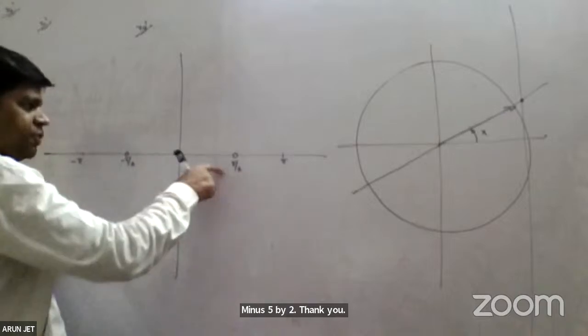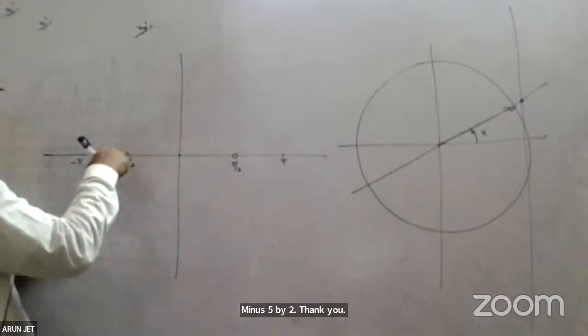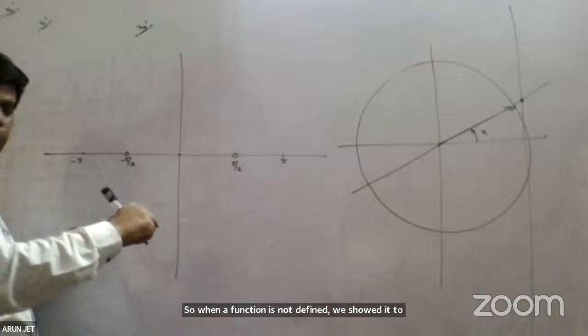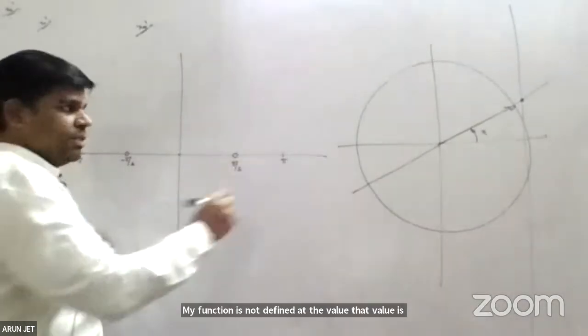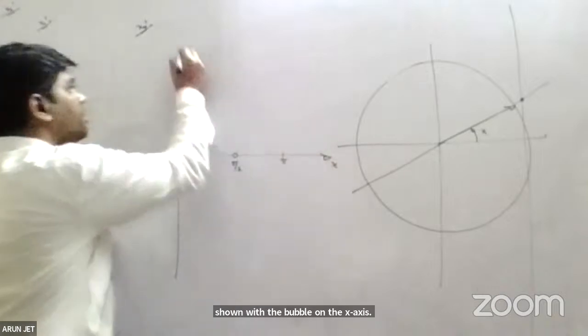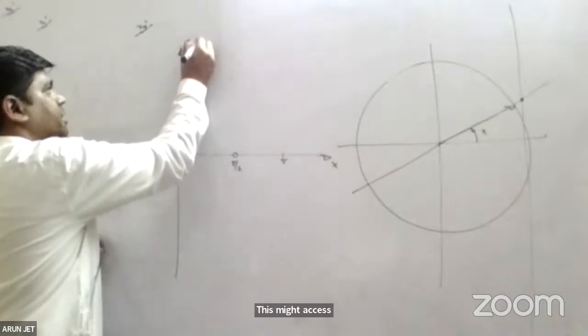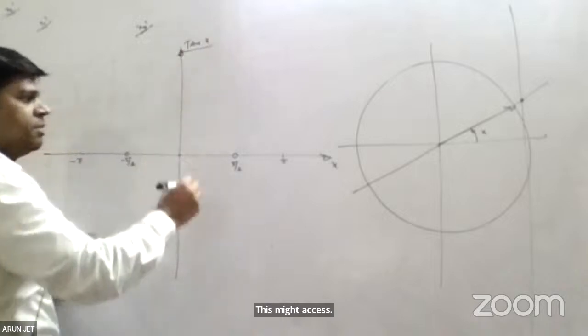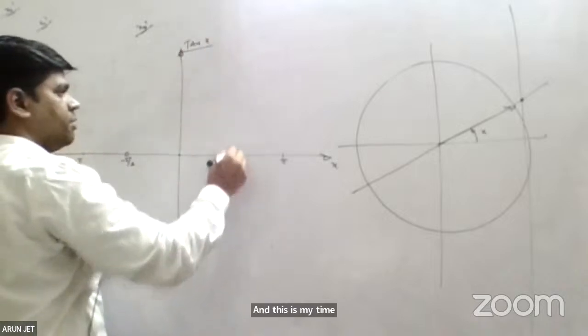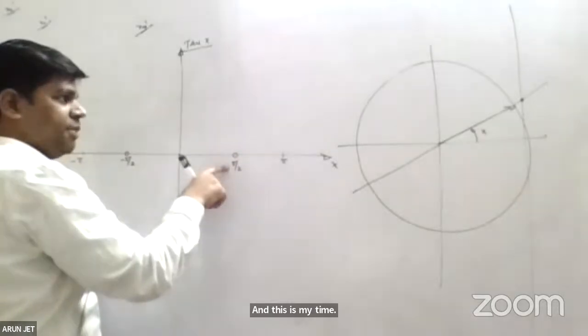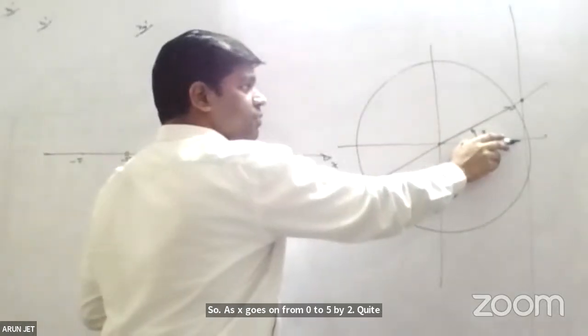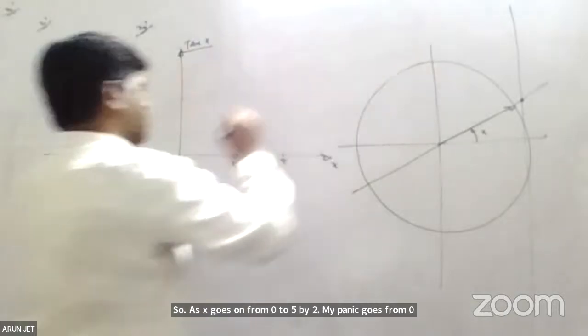When a function is not defined at that value, it is shown with a bubble on the x-axis. This is my x-axis, and this is my tan. As x goes from 0 to pi by 2, my tan x goes from 0 to infinity.